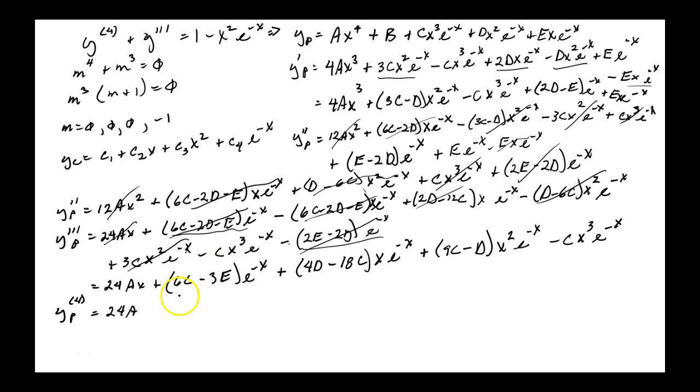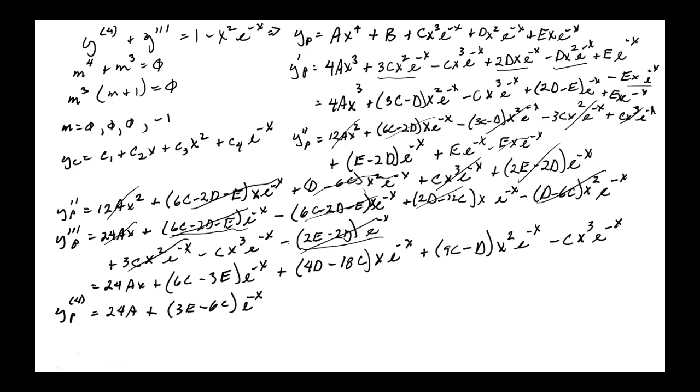Now, this one doesn't have an x in it, so that's just going to change the sign. There'll be a minus. Let me just make it a plus. Let's make it 3e minus 6c e to the minus x. Because that derivative just negates it, and I negated it.